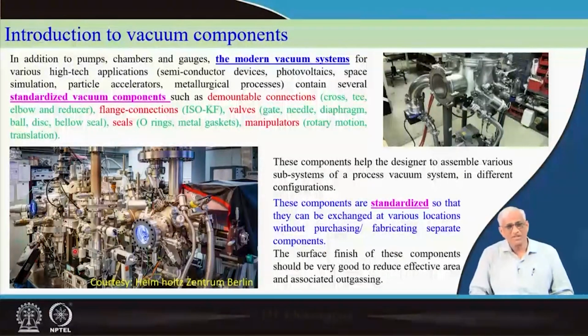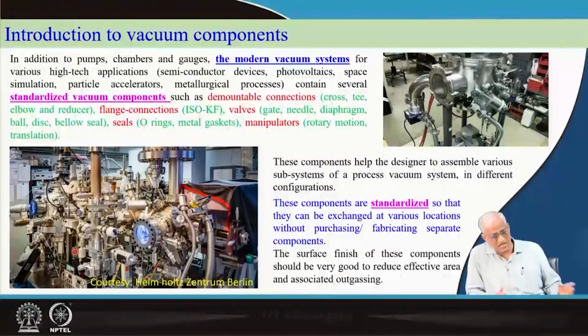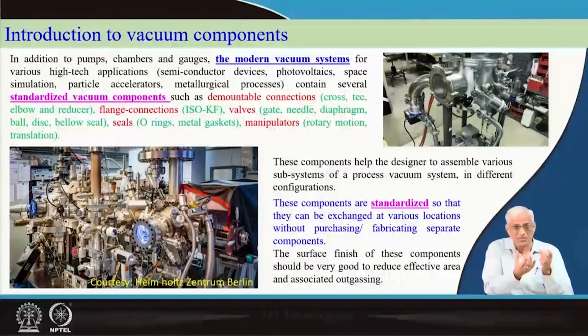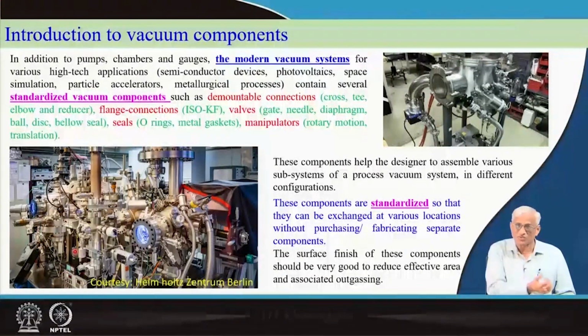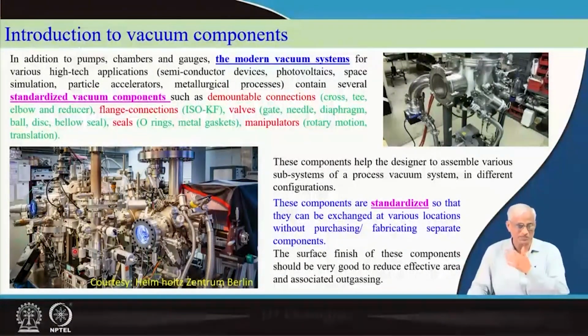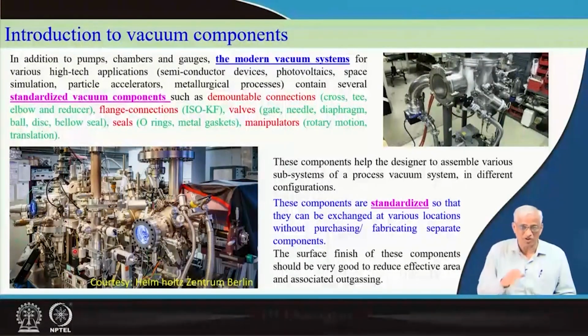So, like that. There are standard specifications, ISO, KF, ISO standards are there. Some people call DN standard, nominal diameter. Finally, any component has got a particular diameter through which the flow takes place, whether it is a valve or a pipe or a flange or coupling.